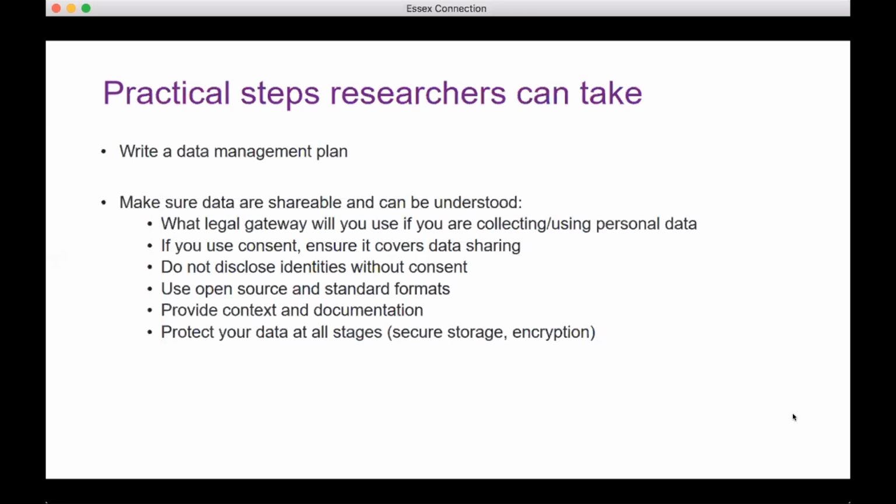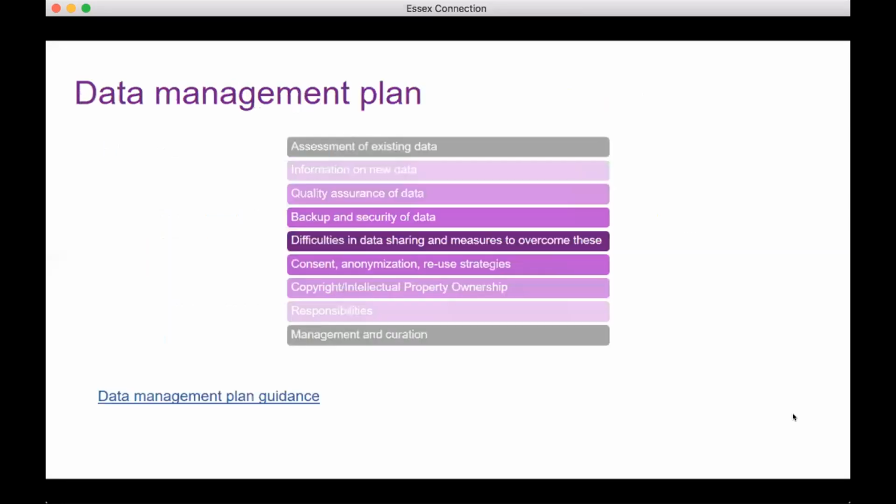It's also essential that we provide context or metadata and documentation with our data so that others can understand the data that we collected. We're also going to have a closer look at that. And finally, it's important to ensure that we protect the data throughout the project lifecycle by means of secure storage and encryption. We're also going to discuss a bit more on that as well.